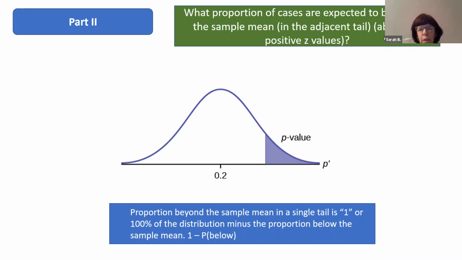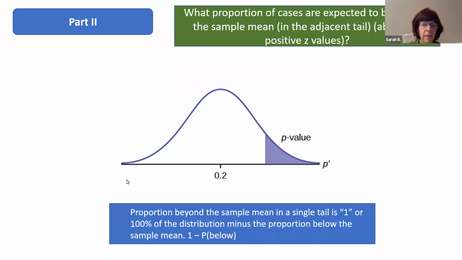What you look for here is the adjacent tail, the area above the proportional value when you have positive z-scores. These are called the tails, the narrow, small ends of the distribution.